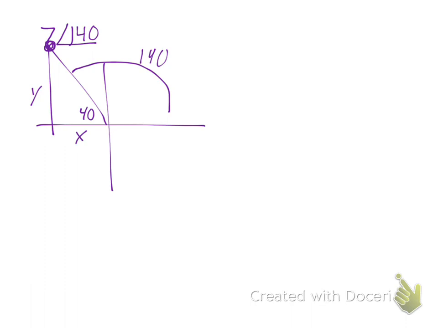What do we know about x, though? It's going to be negative because I'm going backwards. Now, I just got to do the equations. Sine of 40 equals, whoops, I forgot to write on here, y over 7. Cosine of 140 equals x over 7.